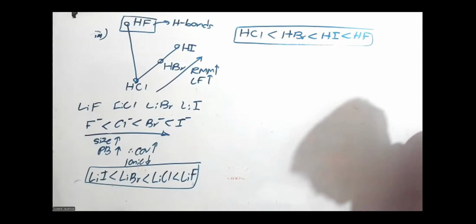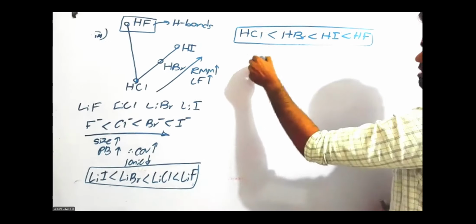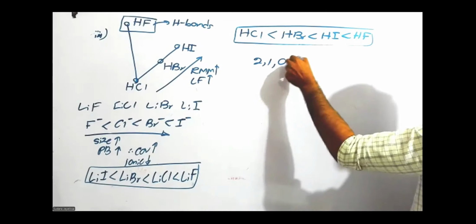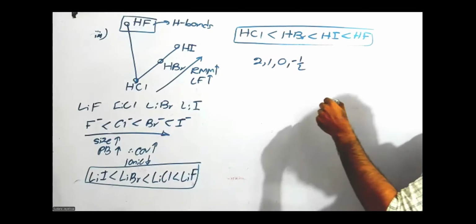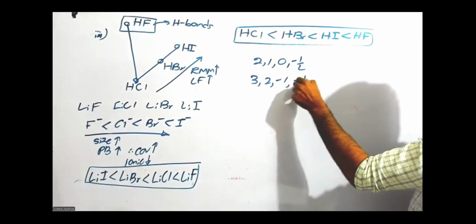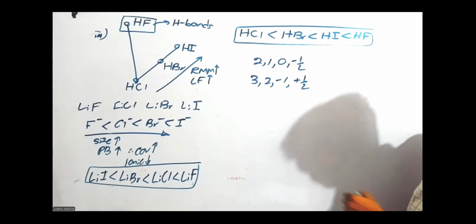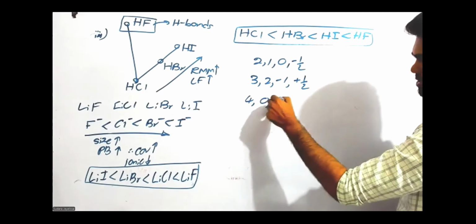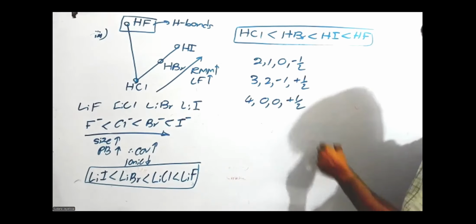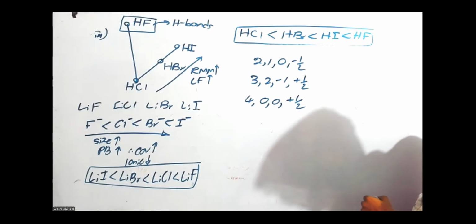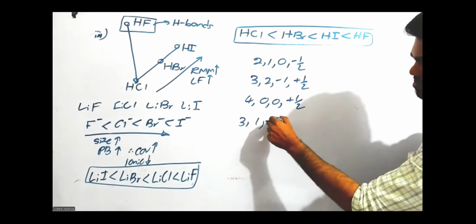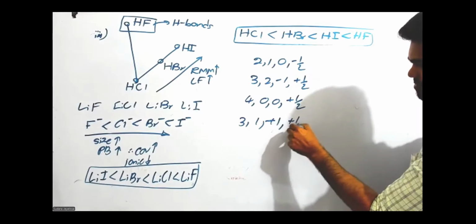It is given four quantum sets: 2, 1, 0, minus half; 3, 2, minus 1, plus half; 4, 0, 0, plus half; and 3, 1, plus 1, plus half.